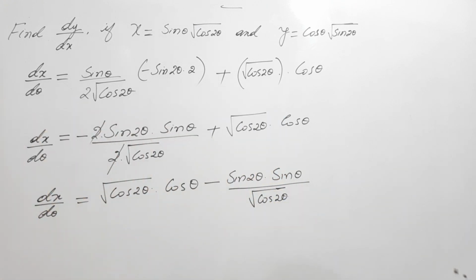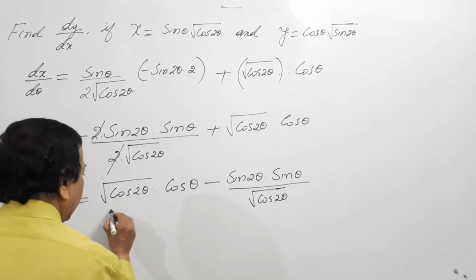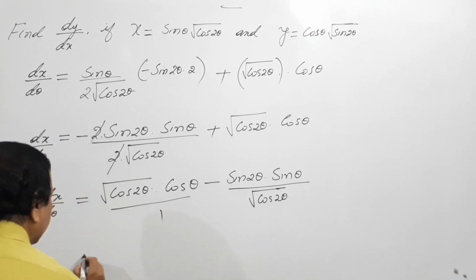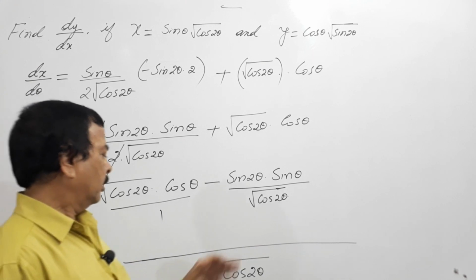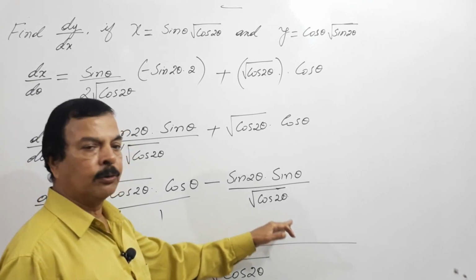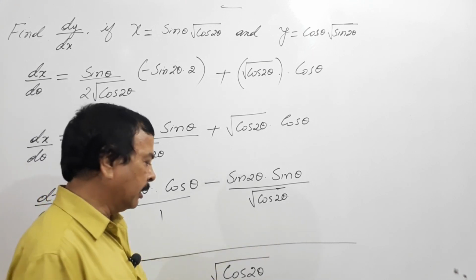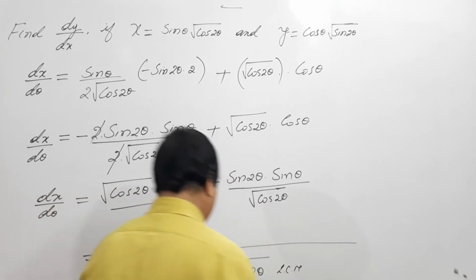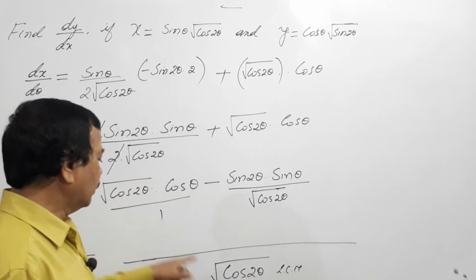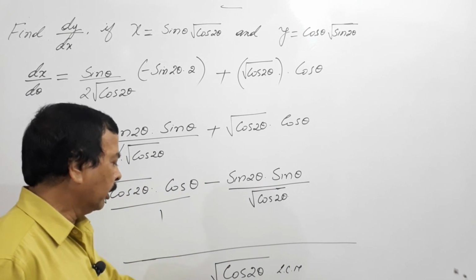Now I'll take the LCM because we have to take the LCM. What is the LCM here? Below this I write 1, so under the root of cos 2 theta we get the LCM. So 1 goes under the root cos 2 theta.